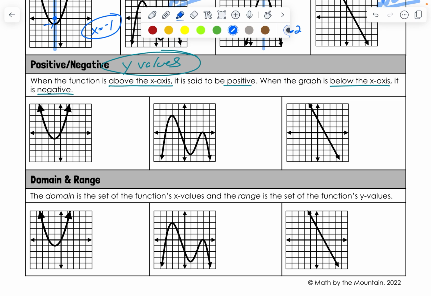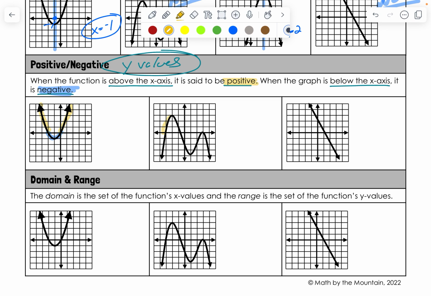Now for this one, in class, well, you can use your highlighter, but we're going to use colored pencils. So positive is going to be in orange and negative is going to be in blue. So here's my negative and here's my positive. Above the axis is positive, below is negative.